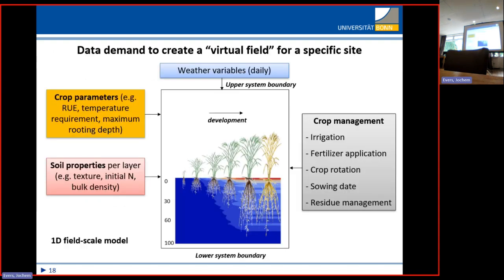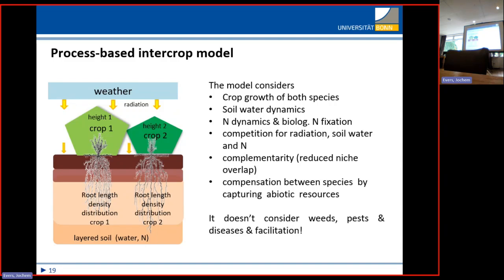Okay, if you want to run a model to create a virtual field for your site, as I said, you need crop parameters, you need the soil information, weather information, and you need management information. And we have now developed an intercrop model, which is quasi 2D, let's say.